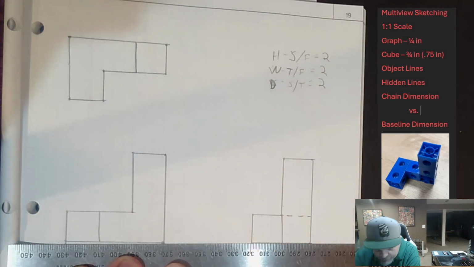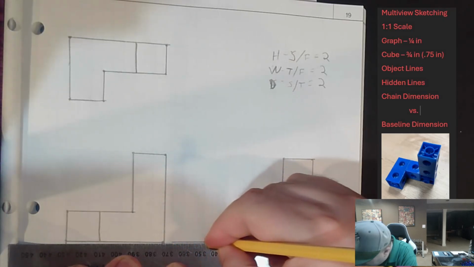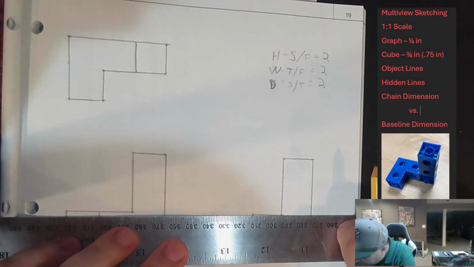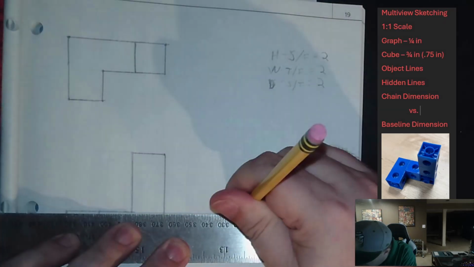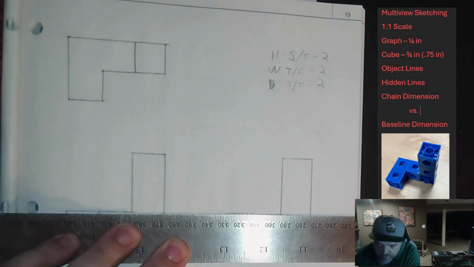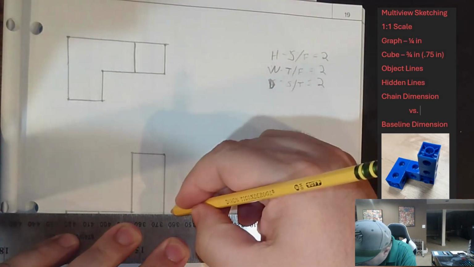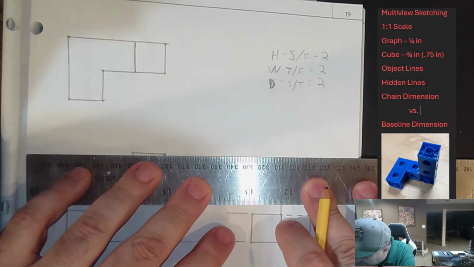So I'm going to draw my line between the two. I'm going to do a small partial line here. And then my last height line goes off the top.